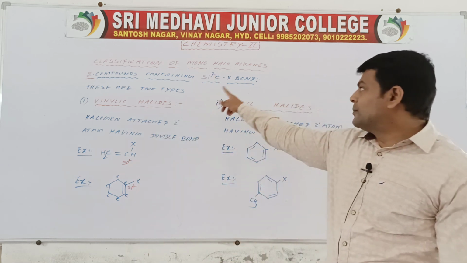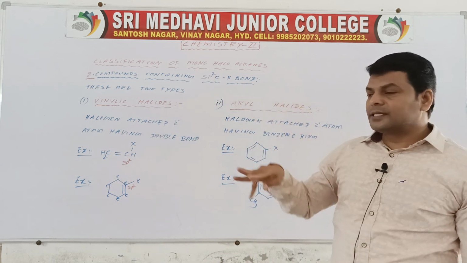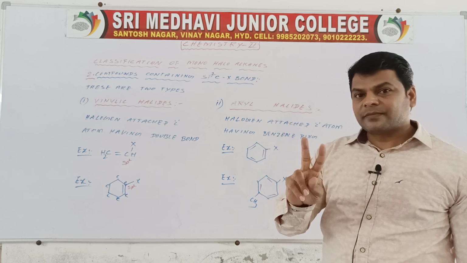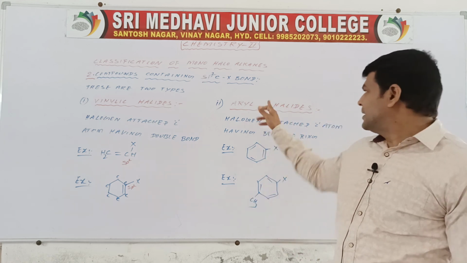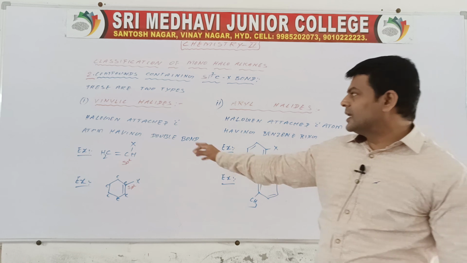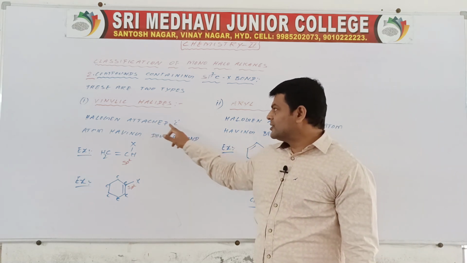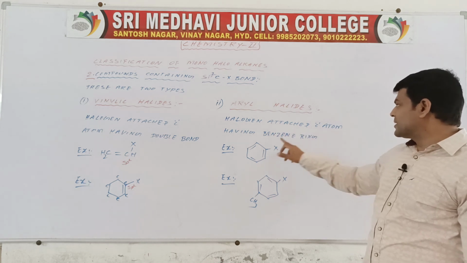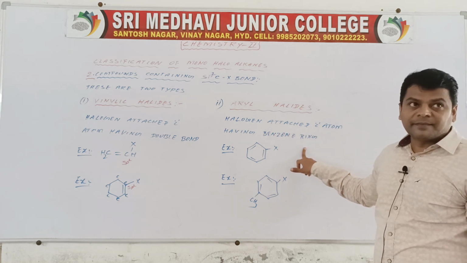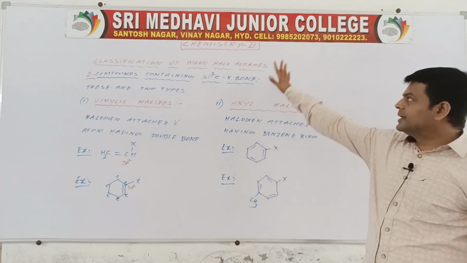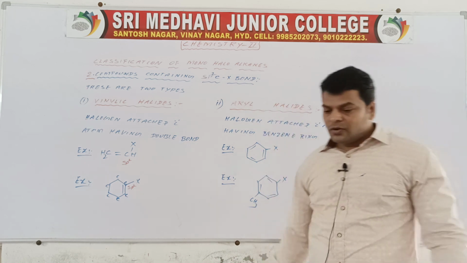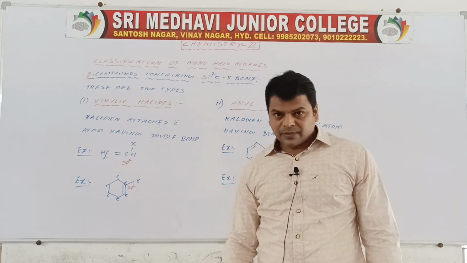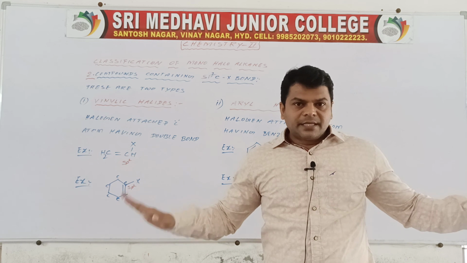Next, compounds containing the sp2 C-X bond are two types: vinylic halides, where the halogen attached carbon atom has a double bond, and aryl halides, where it has a benzene ring. So this is briefly the classification of haloalkanes.